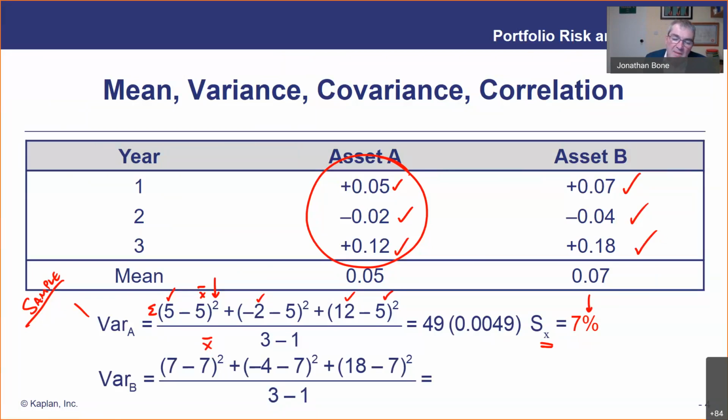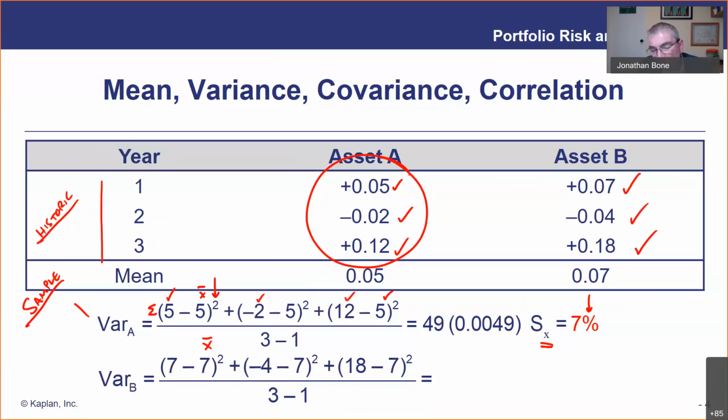People also get very concerned in the exam about when to use sample standard deviations and when to use population. Well, the basic idea is if you have got historic data, i.e. a sample of historic data, then you're always going to use sample standard deviation and sample variance.